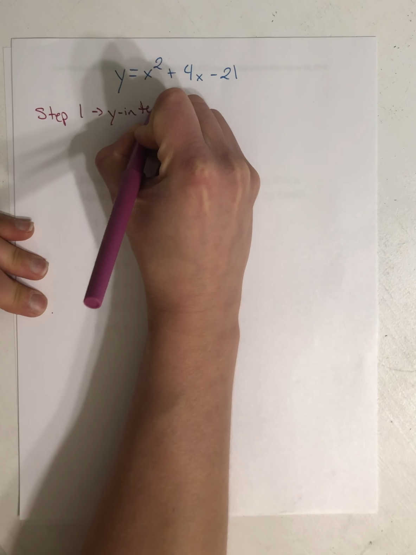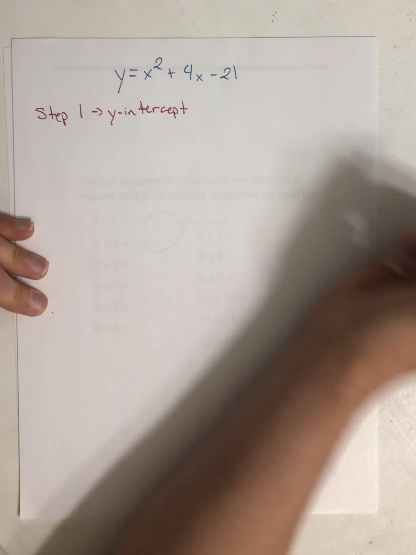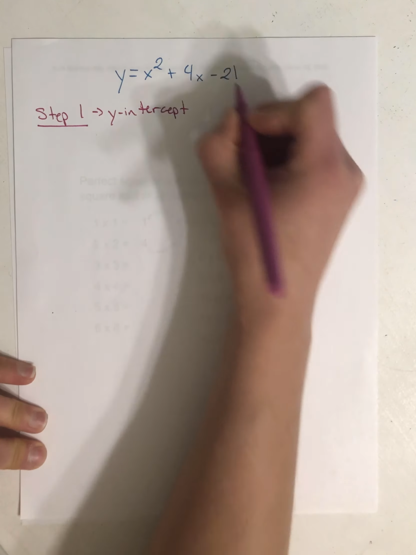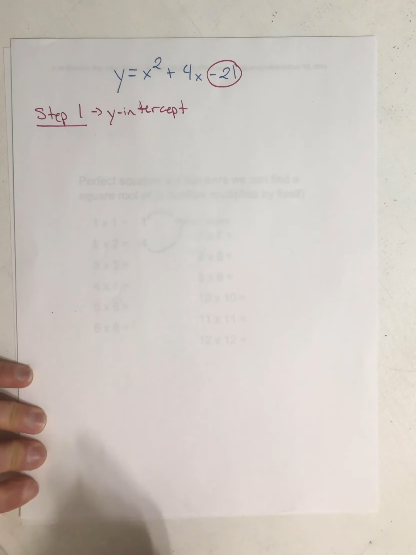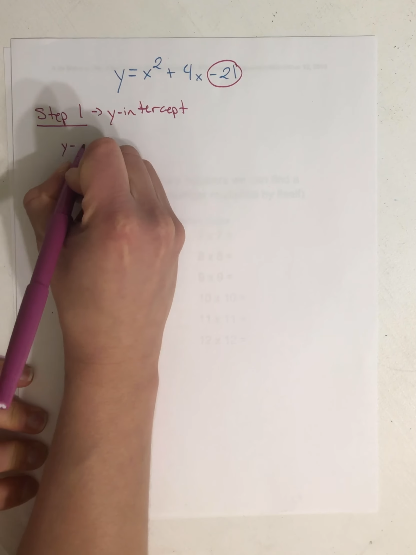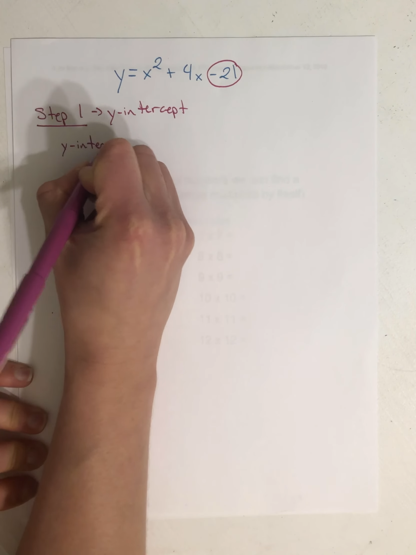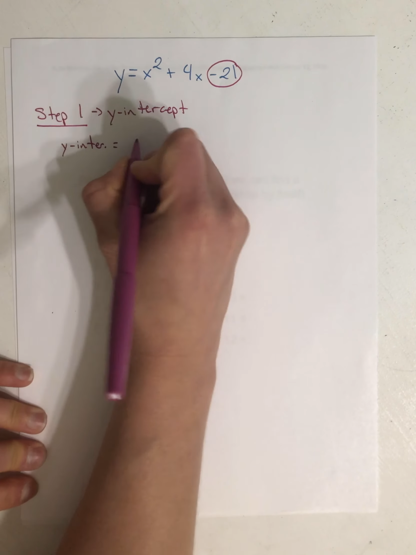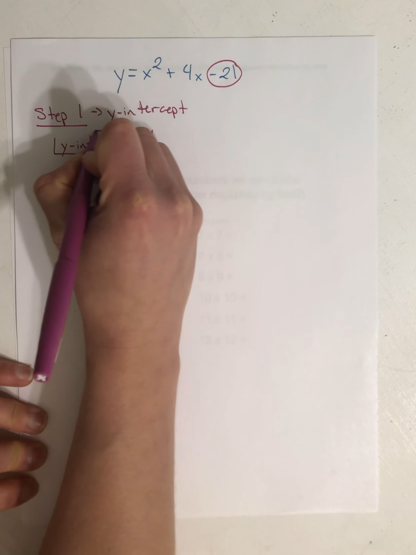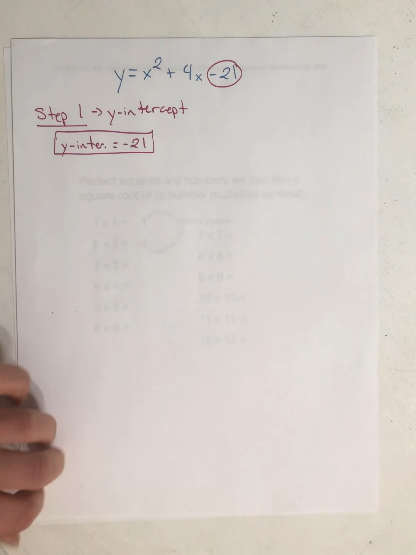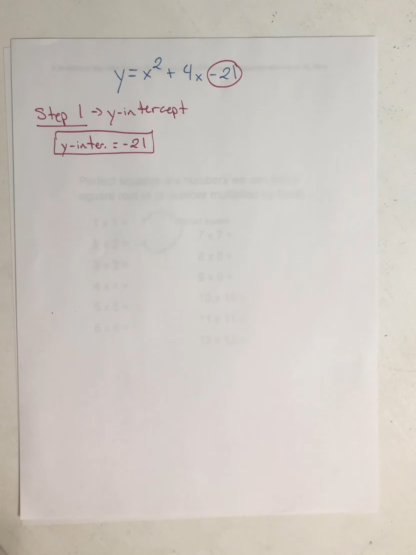That's the very first thing we do because it's in standard form. So our y-intercept we are already given, right? It's -21. So I'm going to write it underneath: y-intercept is equal to -21. And then I'm going to box it. Okay? And then we're going to go on to our second step.